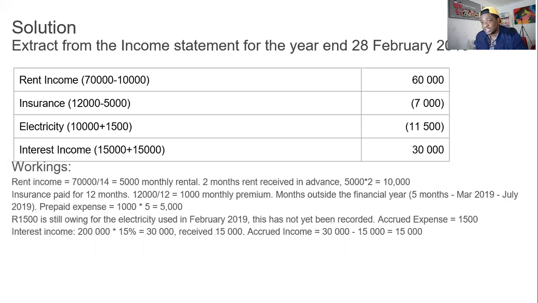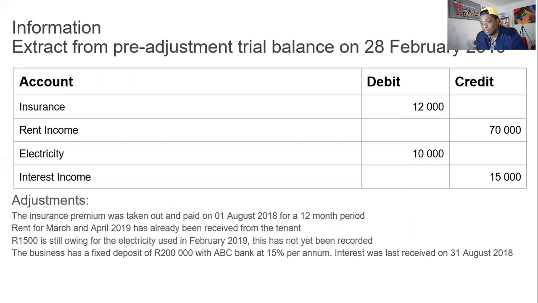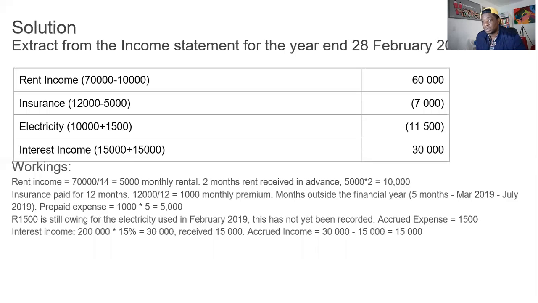Then lastly, interest income. If you remember, the business has a fixed deposit with ABC Bank at 15% per annum, and the interest was last received on the 31st of August 2018, the 15,000 there. If you calculate interest income at 15% for the year, that would give you 30,000. In other words, if you multiply by 6/12, you get 15,000, which is what has been paid.